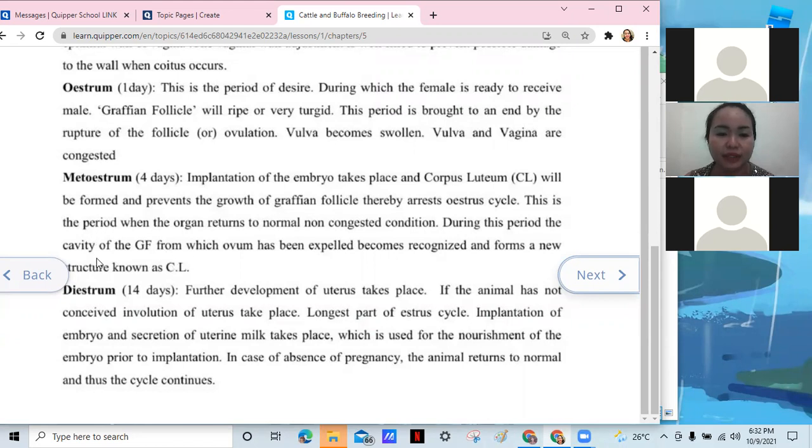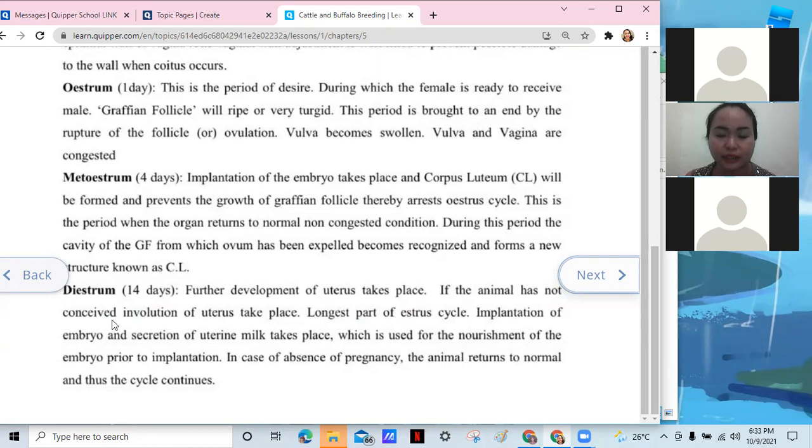And during this period, the cavity of the GF, which ovum has been expelled, becomes reorganized and forms a new structure, which is the corpus luteum.